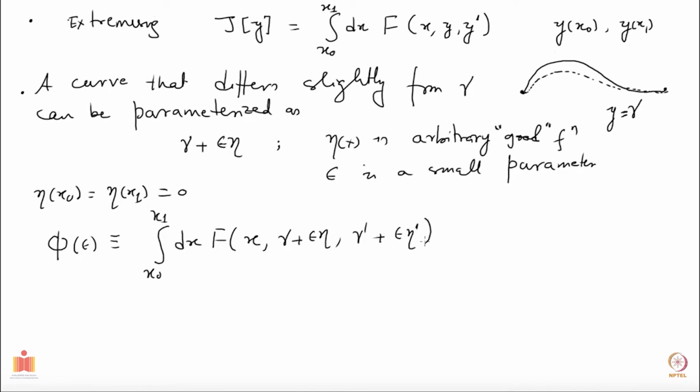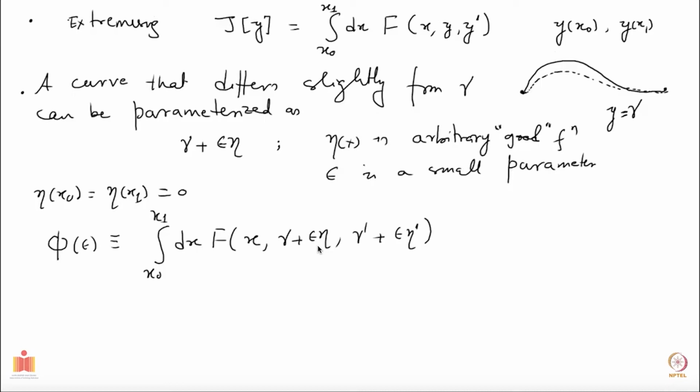So that's the definition of the function phi. Note that this is not a functional, it's a function, because now whatever you change in here is just epsilon. Okay, that's good.